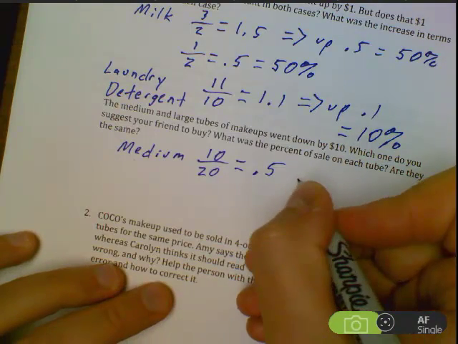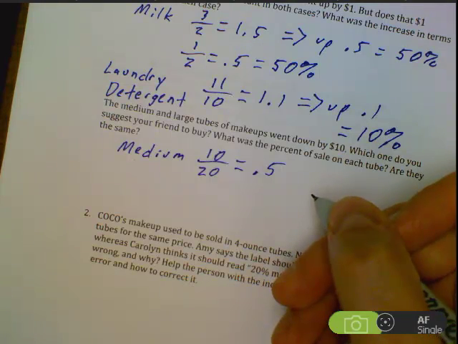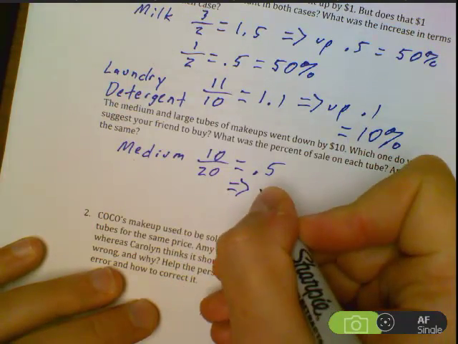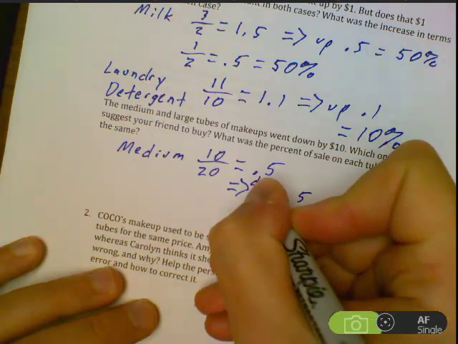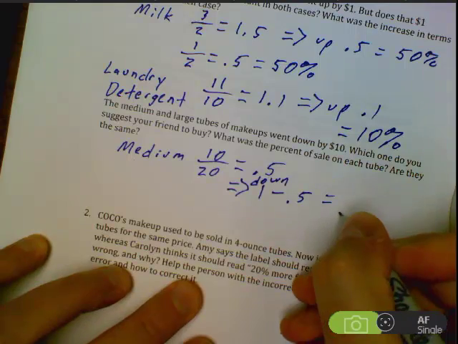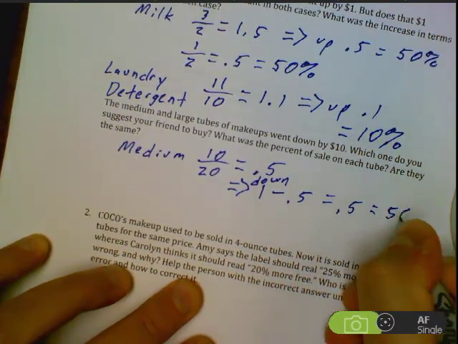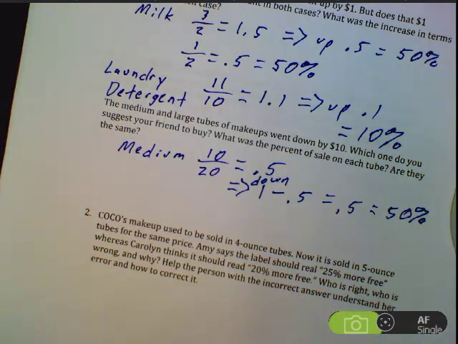This is kind of confusing, because what we do need to do is subtract this from 1. We're going to get the same answer either way. 1 minus 0.5, so it went down by 1 minus 0.5, which still equals 0.5, which equals 50%. That was a little confusing because it came out to 50% no matter what.